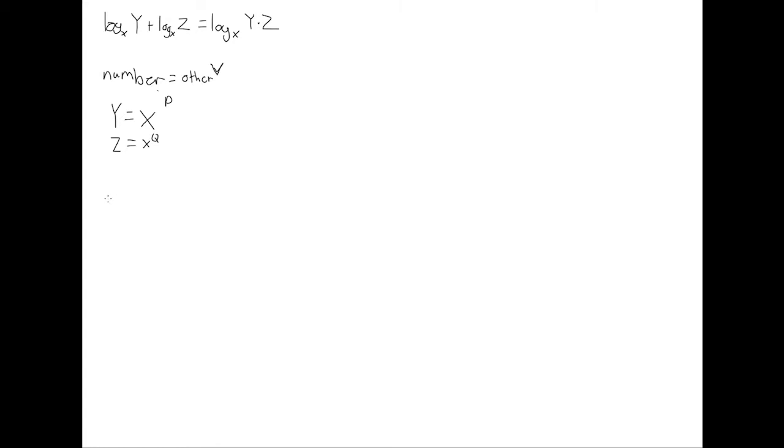Okay, so let's rewrite this equation like that. So log base x of x to the p plus log with a base of x of x to the q equals log with a base of x of some number.